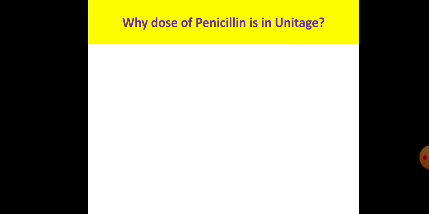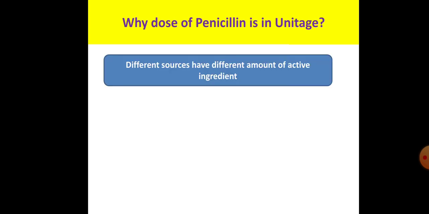Because of these two reasons, there are differences in the sensitivity pattern. Now, you know that there are certain drugs like penicillin, insulin, and heparin whose doses are given in units. Why is the dose of penicillin in units? The reason is that penicillin is primarily derived from a microorganism, a fungus, Penicillium chrysogenum.